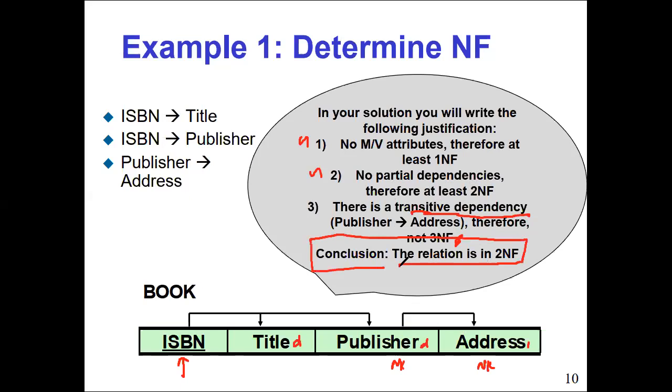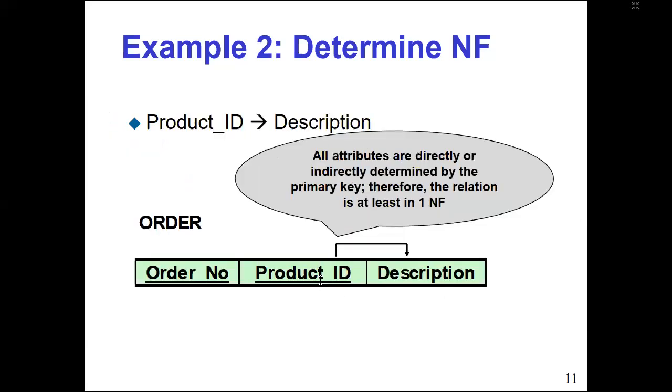The conclusion is the relation is in second normal form. This is how we are writing the justification, and this is how you have to write in the final exam paper also. If I ask a question, definitely I will ask a question. You have to write like this. Okay.